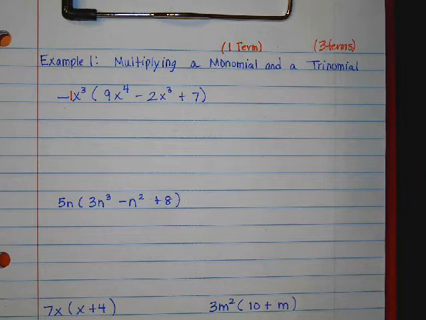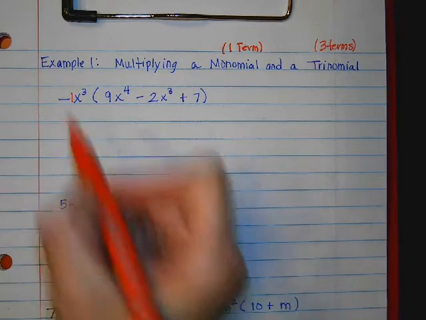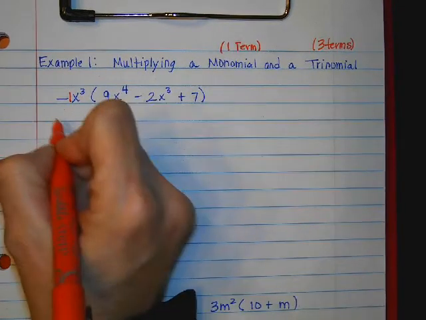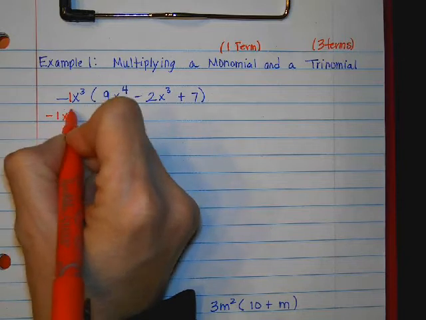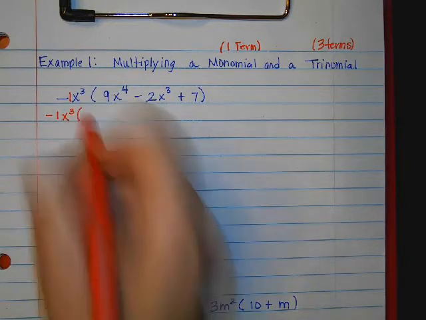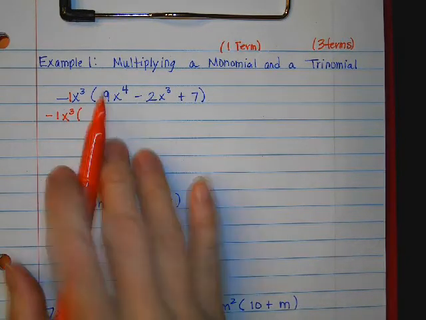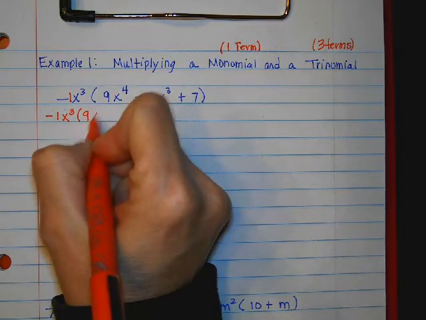You have learned the distributive property already this year. You have learned in Chapter 7, we multiply, we add exponents. So we're going to use all those rules that we've already learned. We're going to take this negative 1x cubed and multiply it times this positive 9x to the fourth.